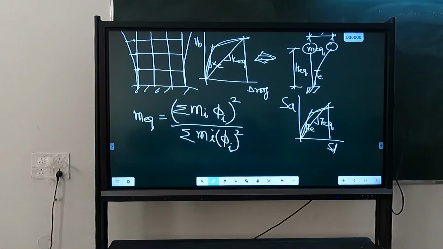We are switching from multi-degree freedom system to single degree freedom system just to take the benefit that we can use the response spectrum, because response spectrum is in terms of single degree. If we are not doing that, we can't read the response from the response spectrum. So that we are able to use response spectrum to represent earthquake, we have to do this.